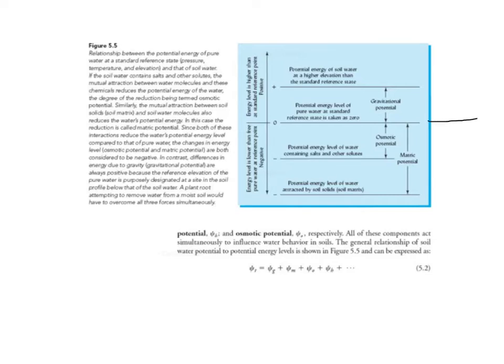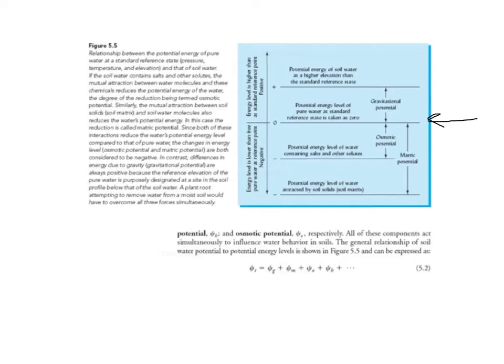The place we start, right here at the zero potential energy level, you can think about as just standing water. Okay, so that's what we call free water, standing in a pond, at a standard state. The description over to the left shows you standard pressure, standard temperature, standard elevation, and these sorts of things.